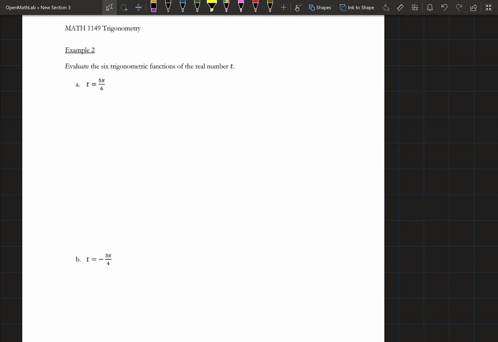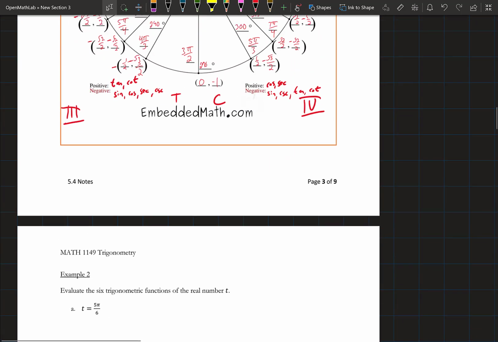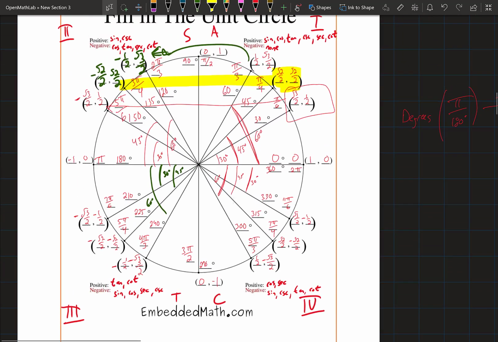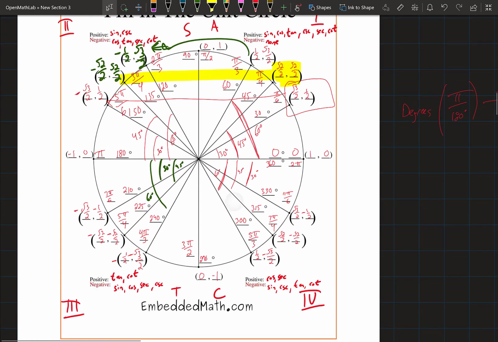So now what we're asked to do is evaluate the 6 trigonometric functions of the real number t. So part A, we have t equals 5 pi over 6. If we look back at the unit circle, we're looking for 5 pi over 6, and we get this here.